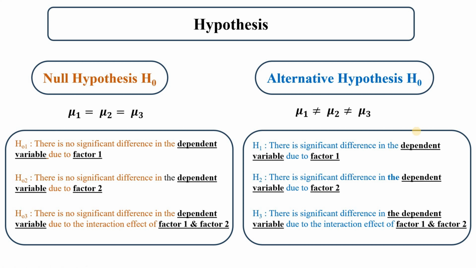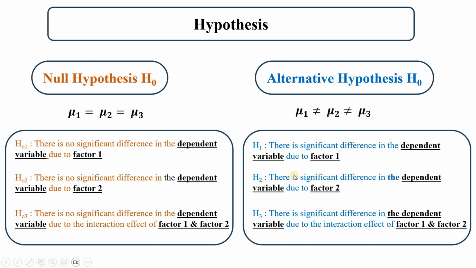So what will be our hypotheses? The first null hypothesis will be there is no significant difference in the dependent variable due to factor 1. Accordingly, the alternative hypothesis is there is a significant difference in the dependent variable due to factor 1. Again, the second null hypothesis will be there is no significant difference in the dependent variable due to factor 2.